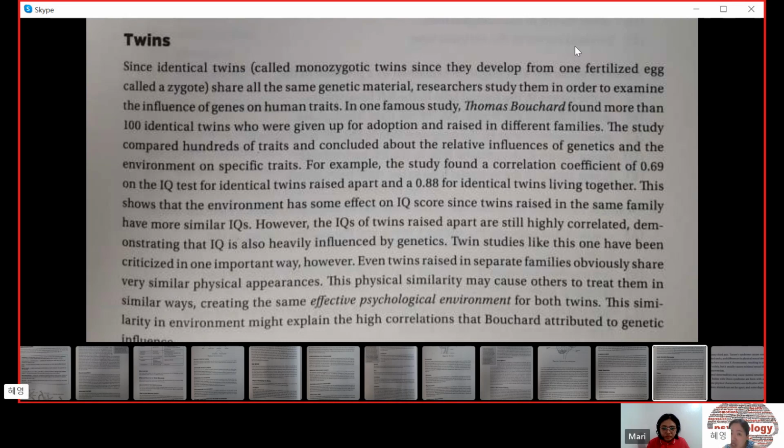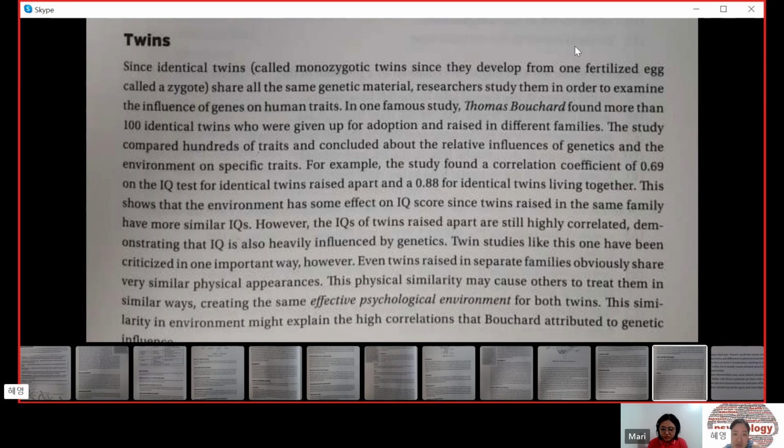In one famous study, Thomas Bouchard found more than 100 identical twins who were given up for adoption and raised in different families. The study compared hundreds of traits and drew conclusions about the relative influences of genetics and the environment on specific traits.